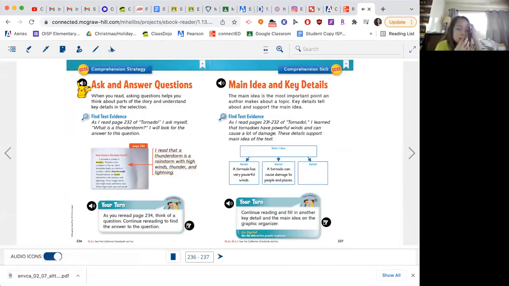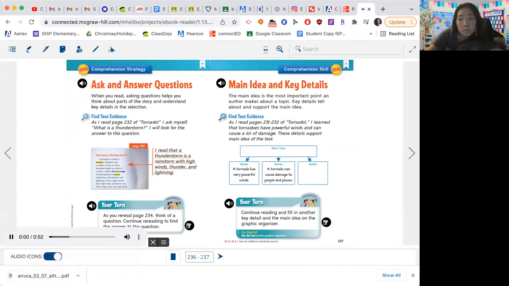Ask and answer questions. When you read, asking questions helps you think about parts of the story and understand key details in the selection. Find text evidence. As I read page 232 of Tornado, I ask myself, what is a thunderstorm? I will look for the answer to this question.